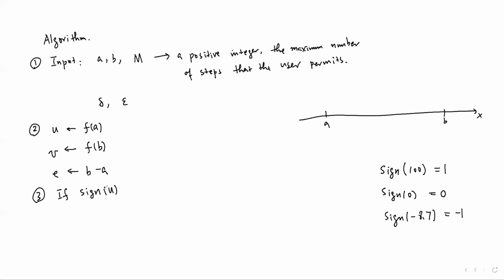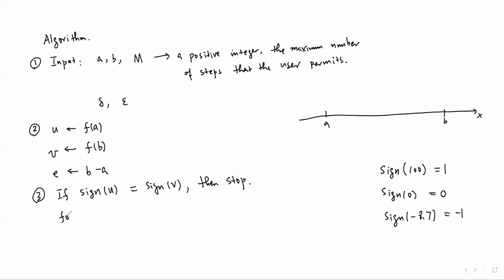If sign of U is equal to sign of V, then stop the algorithm. We don't know in this case, because the function value at A has, say, positive sign, and at B has positive sign. There is no guarantee the function has a root in AB, so we stop. We don't run the bisection method. Otherwise, continue and run the bisection method.